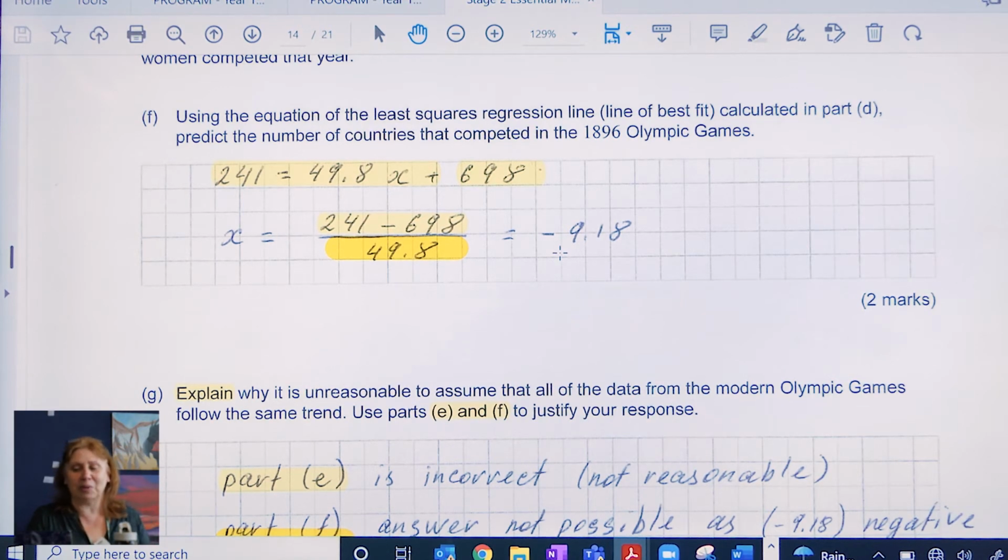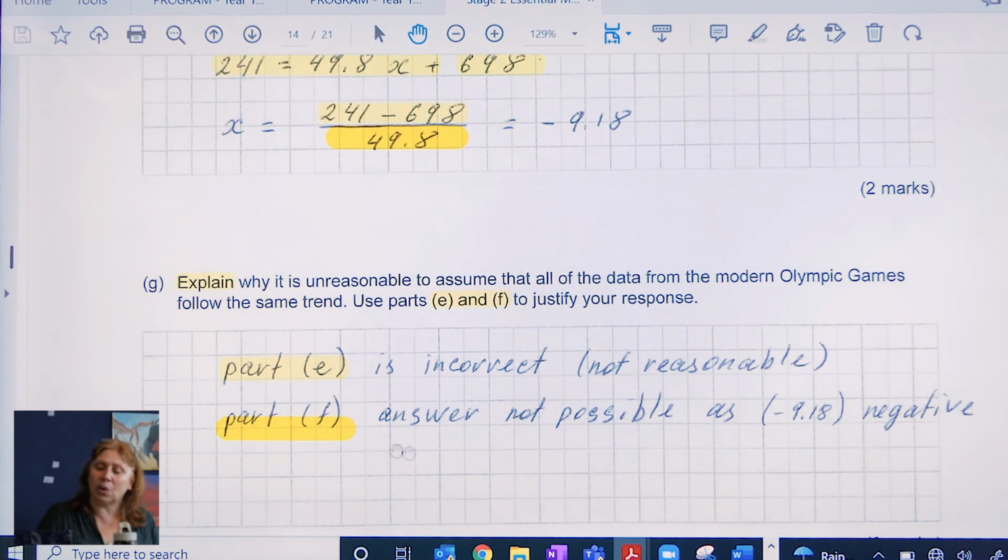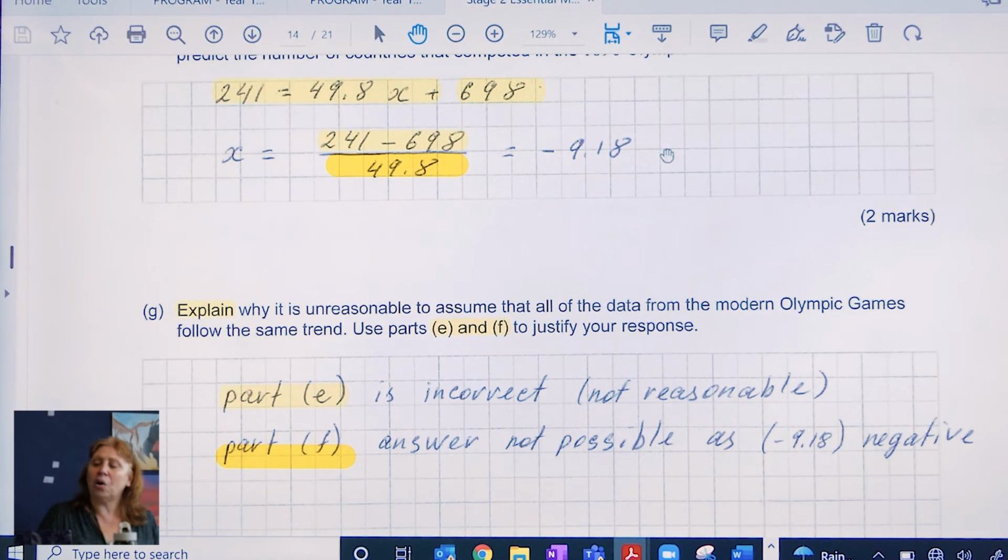It's not possible for X, the number of people, to be negative. Well done there, but if it's negative, it's just negative. It's just the calculations they want, because later on the question asks to discuss it, okay? Or they need to write it out as negative and maybe in a bracket say it can't be negative, okay?